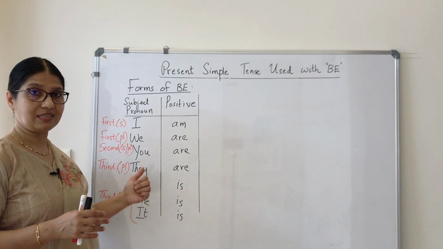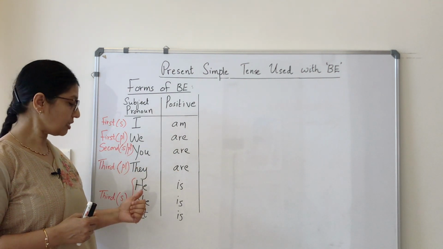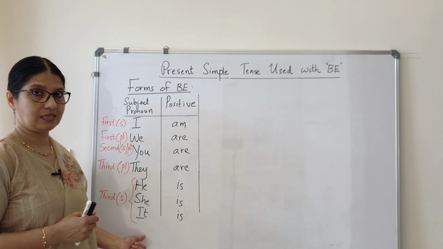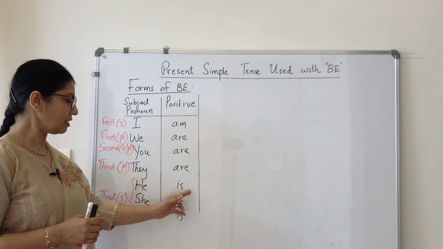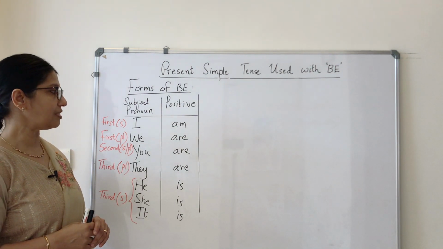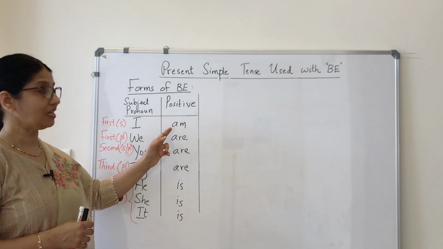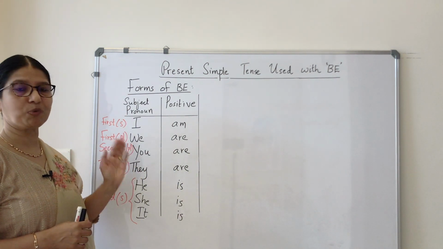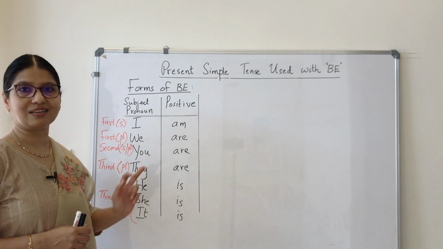They again, it is third person plural, we say they are. He, she and it is singular, third person, and we say he is, she is and it is. So now you can see how many different forms be takes when it comes with different subject pronouns. We have am, is and are.